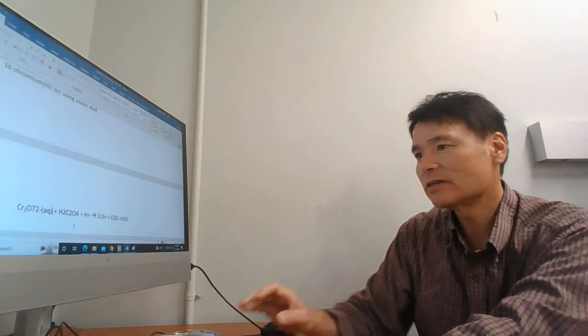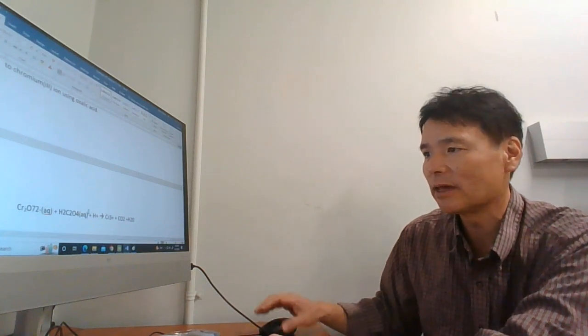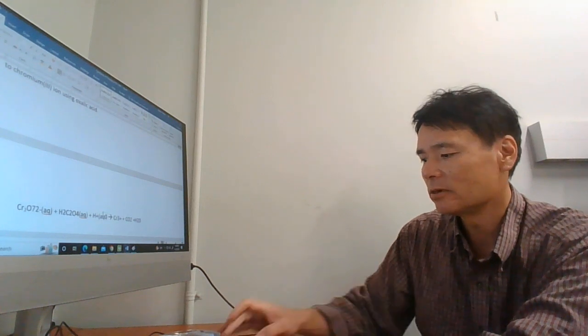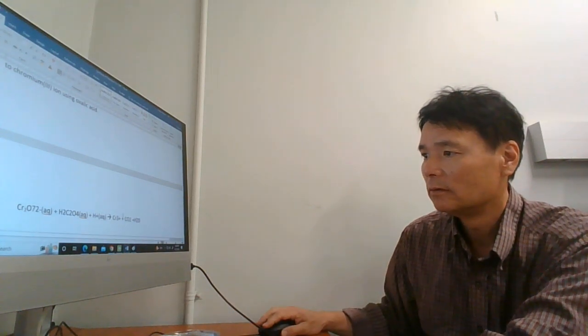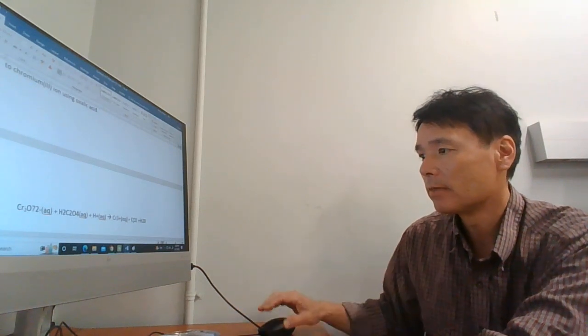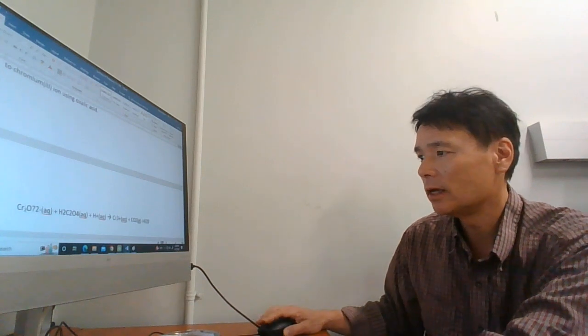And to emphasize, since we're writing a formal paper, I'm going to write in the states, even if it's aqueous. Normally I don't bother writing aqueous, but not everybody's the same, so just do it the long way. CO2 is a gas, and H2O is a liquid.